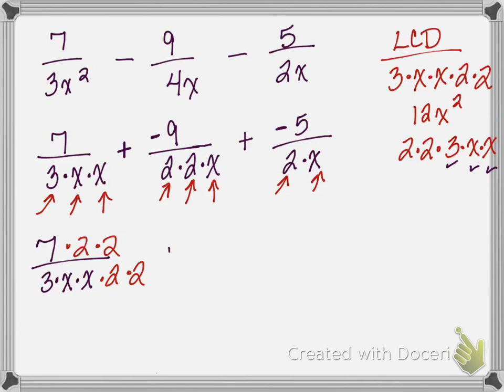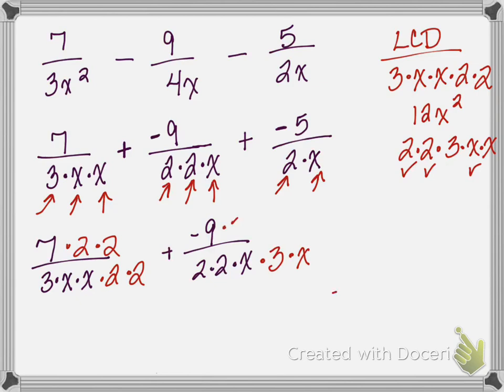Okay? Now, for my second one, I have 2 times 2 times x. So I have a 2 accounted for, a 2 accounted for, and an x accounted for. I'm missing a 3 and a second x.